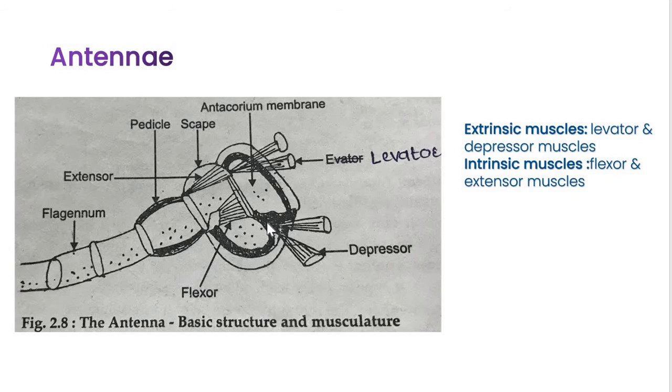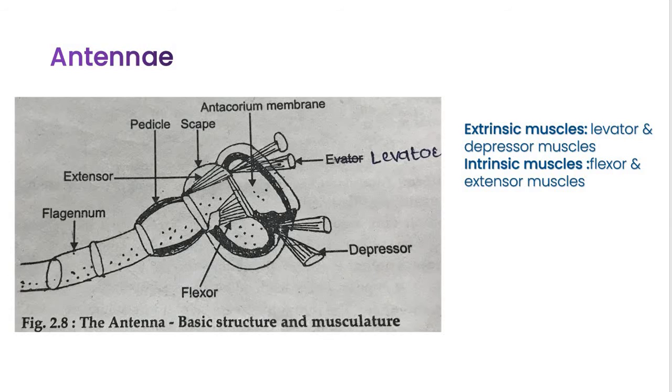Such a flagellum is devoid of endoskeletal muscles and its processes. The scape is responsible for the articulation of the entire antenna in various directions.